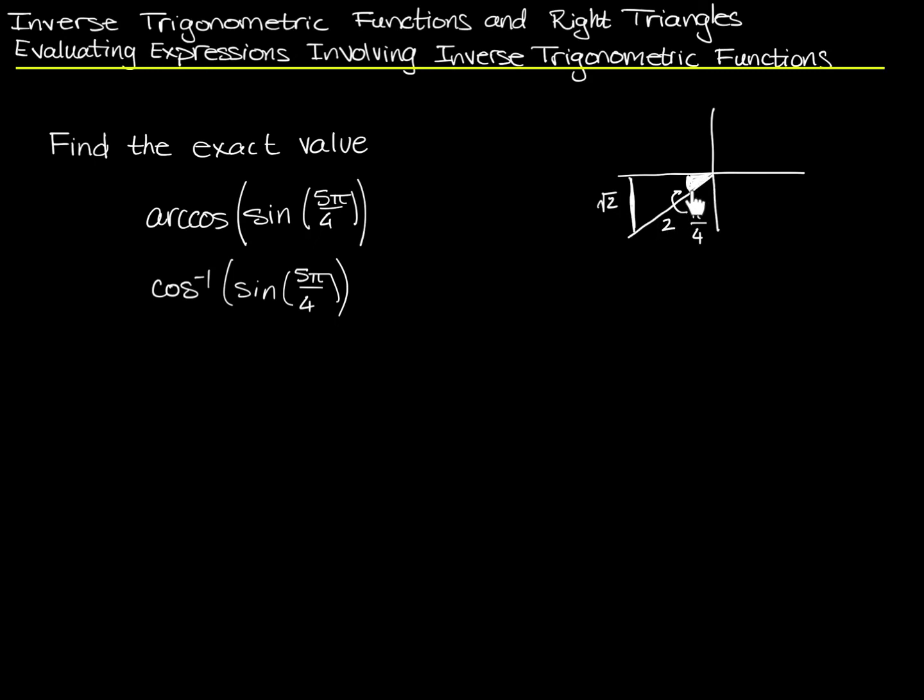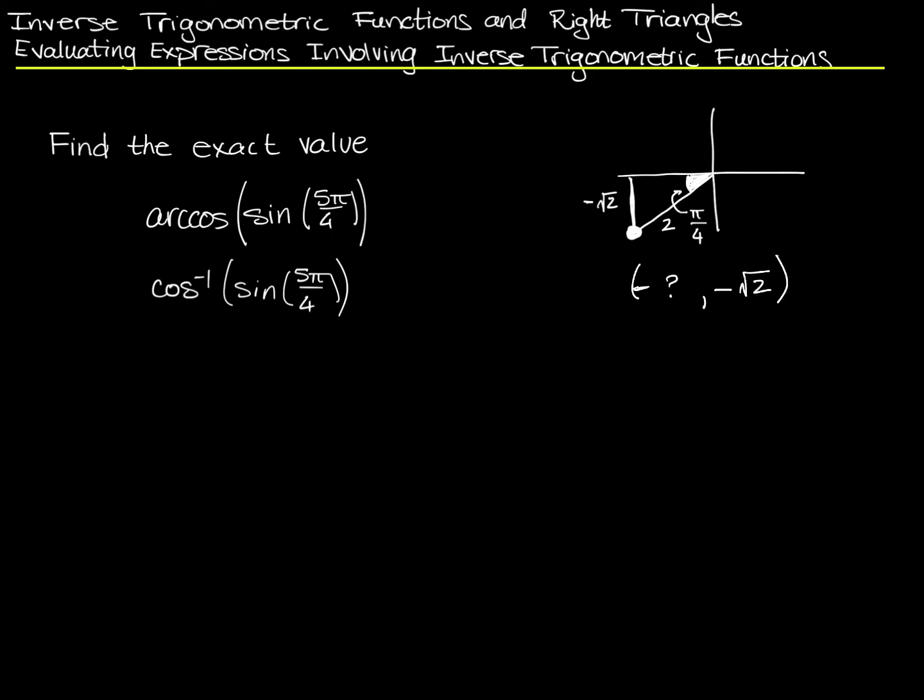My hypotenuse here is a radius. Remember, we labeled these sides x, y, and r. My radius is always positive, but my dropped vertical here is actually negative the square root of 2 because it's below the x-axis. To get to this point right here, I had to go some negative distance in the x direction and then down the square root of 2.